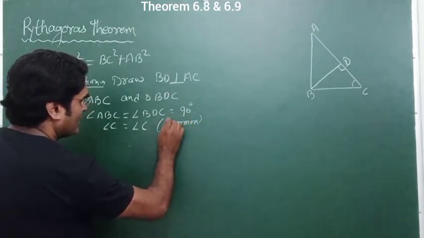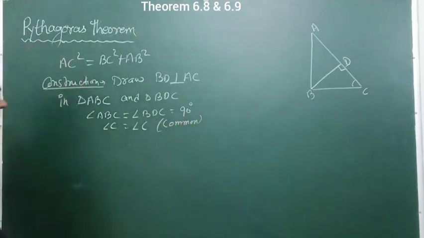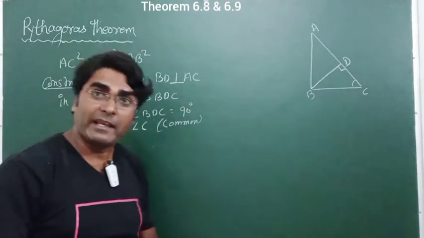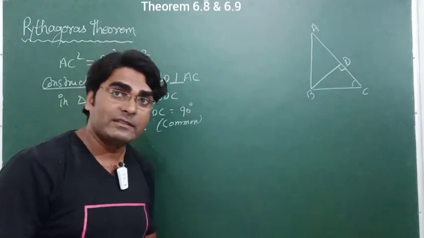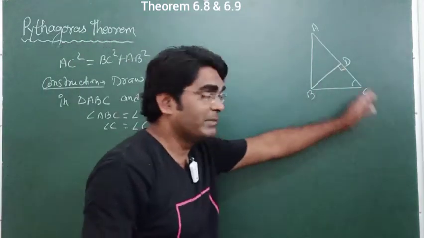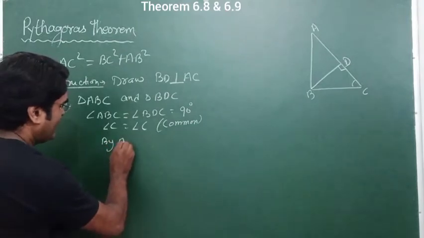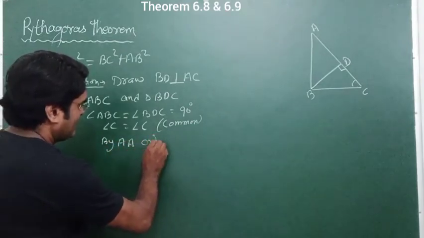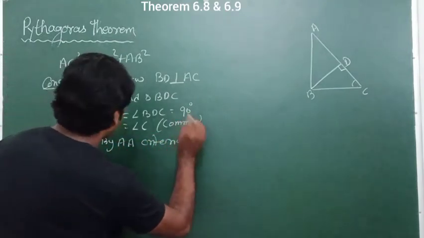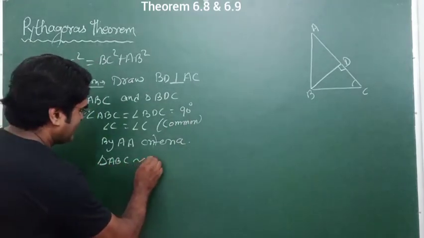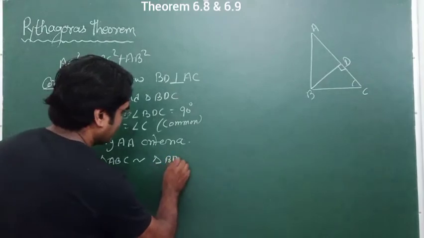So by the angle property, by AA criteria, you can show that triangle ABC is similar to triangle BDC.